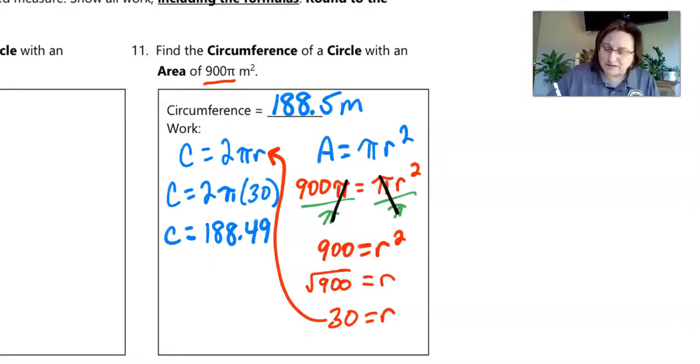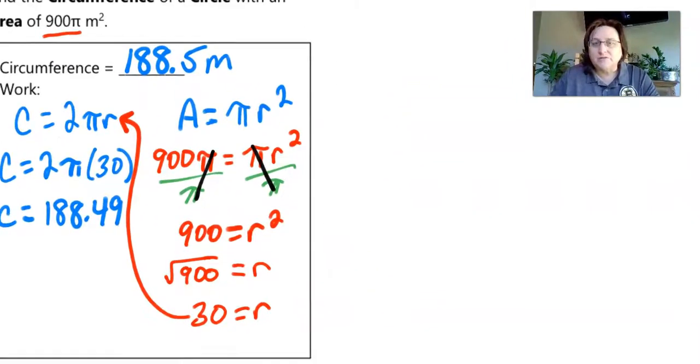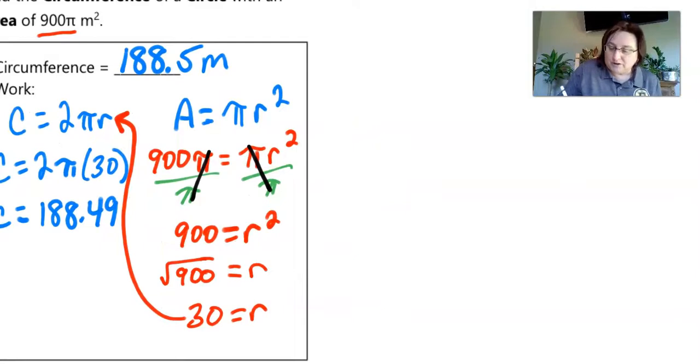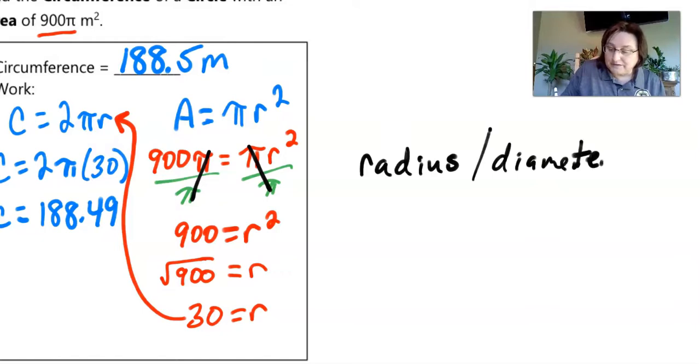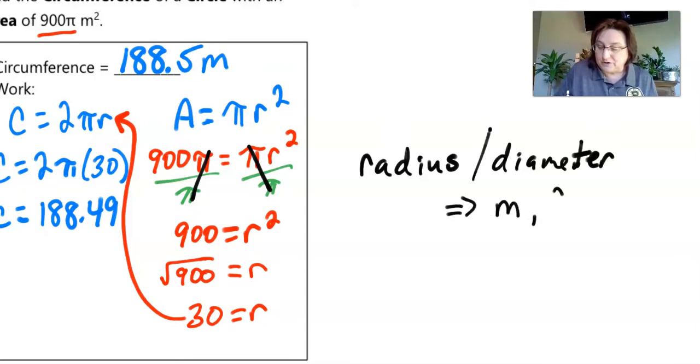Guys, I want you to make a little note to yourself. The radius and the diameter are going to be in single units, like meters or feet or inches.